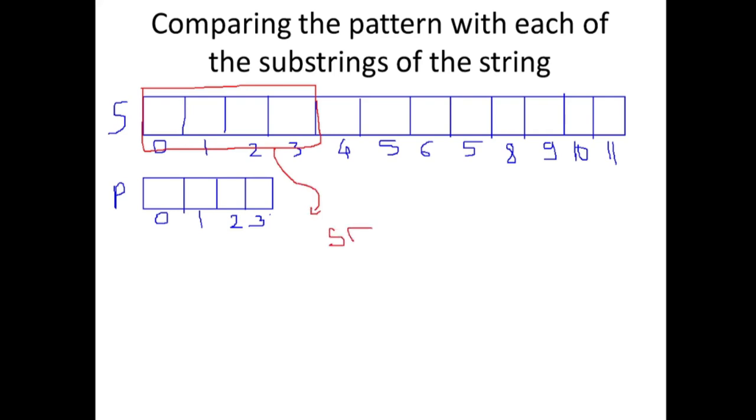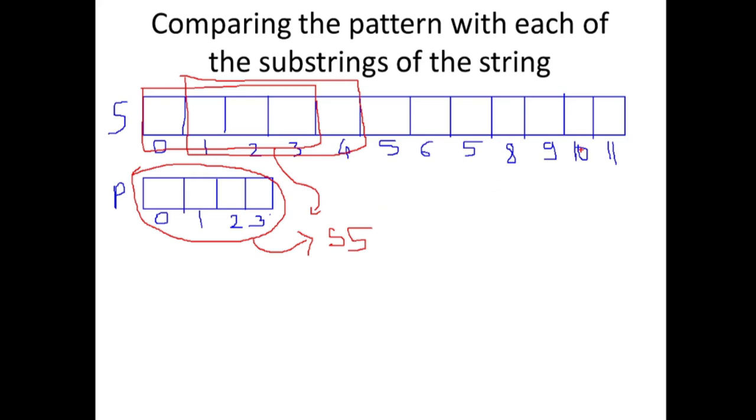Now we will compare this pattern with this substring. If it is not equal, then we will go for the next substring, that is from 1 to 4. If it matches, then we will return index 1, because that substring is starting from index 1. And if it does not match, then we will go for the next substring.